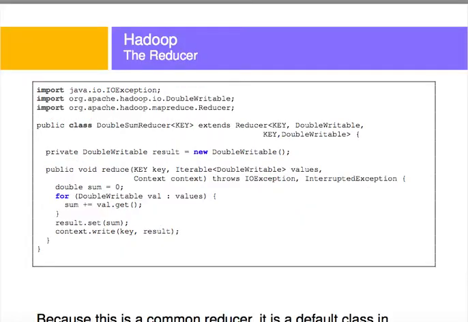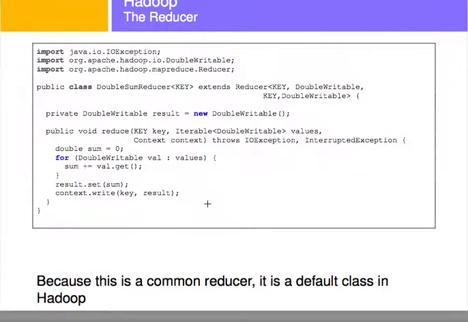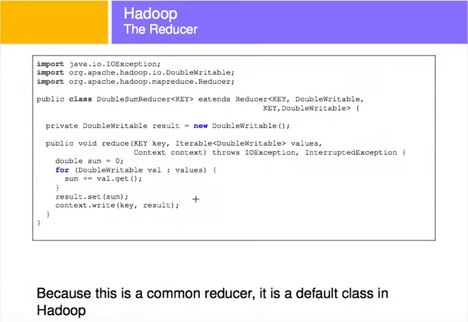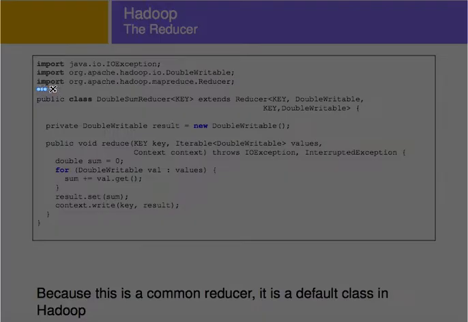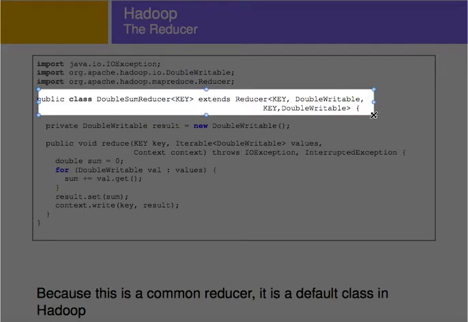This is the mapper. Now, the reducer. For the reducer, this is the reducer. I created this double sum reducer, which is the reducer. And here, it's going to be a reducer with some key and double writable. Okay, that's the double. It's going to reduce the list to double.